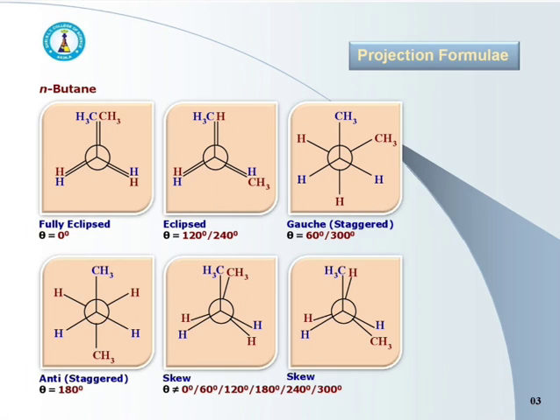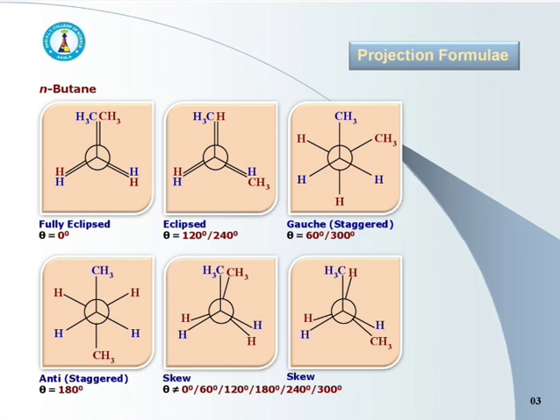Now see the representations. Both in first and second conformation, bonds of back carbon atom are seen exactly behind the bonds of front carbon atom. Hence, both are eclipse conformation.